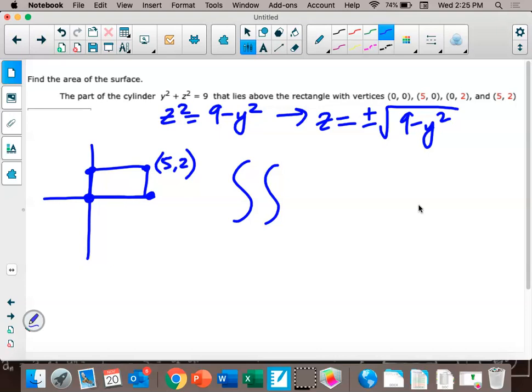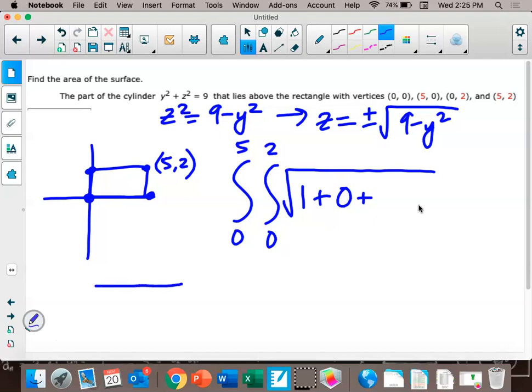So my x's go from 0 to 5. My y's go from 0 to 2. I have the square root of 1 plus. So my z sub x is just 0. And my z sub y, so I have 2 root 9 minus y squared, negative 2y.